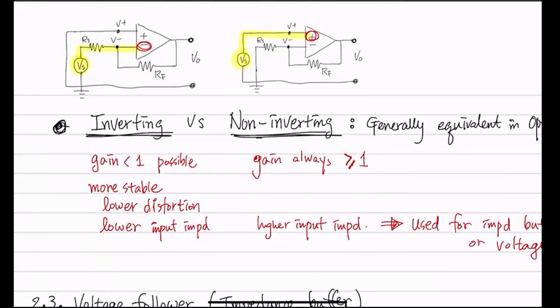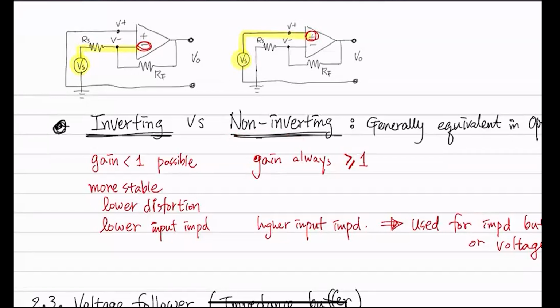All right. So if your signal is being connected to your negative input, then it is going to be the inverting amplifier. A very simple way to memorize, because your source is being inverted. And if your source or input is connected to the positive input, then there's no flipping over.